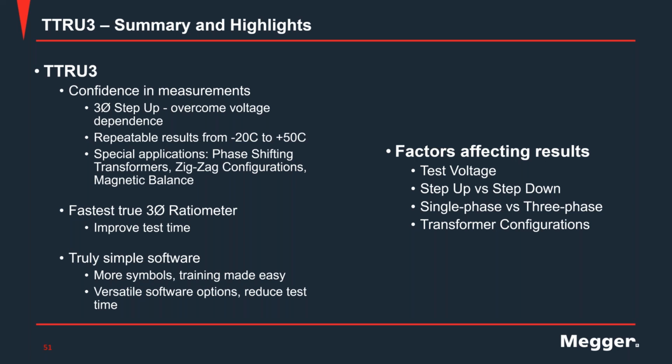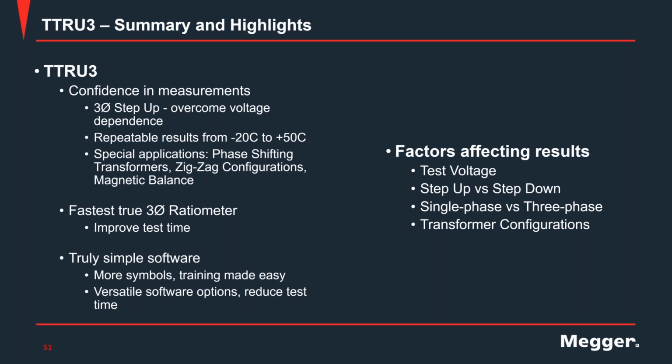What happens or how the test voltage affects my results, if I'm using the step up or step down technique to measure my TTR, if I'm using single-phase or 3-phase excitation, and what type of transformer I'm testing. These features in the TTR U3, apart from the advantages that I explained, can also be really useful for special applications like phase shifting transformers and zigzag transformers.